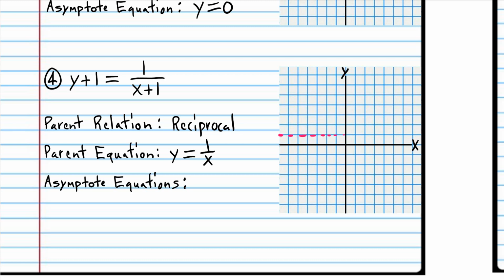So that means that the new intersection point is going to be at, whoops, we're not going to move it up, we're going to move it down. I think I said up, I meant down. 1 unit to the left and 1 unit down. There we go, so there's our new intersection point at -1, -1.